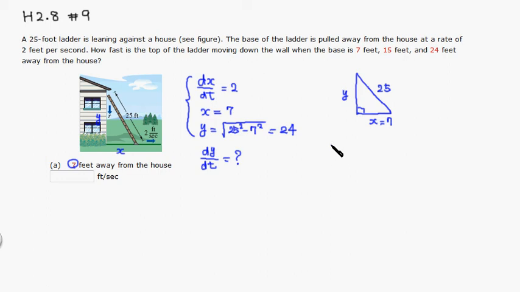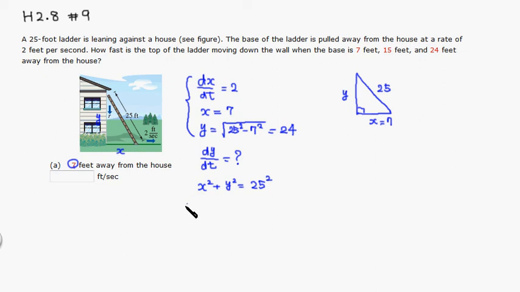The equation we can use is the Pythagorean theorem: x squared plus y squared is equal to 25 squared. So we have an equation, a bunch of given values, and we are looking for dy over dt. Let's do that.